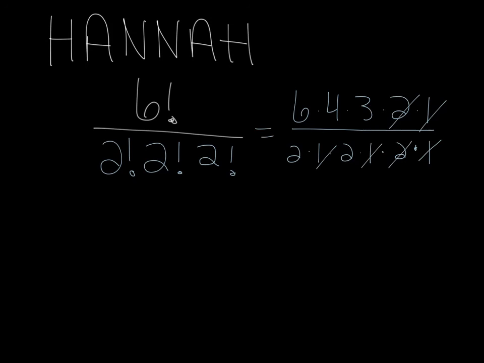These ones I don't care about. This 2 goes into 4 2 times. This 2 goes into this 3 times. And I end up with 3 times 2 times 3, which is 6 times 3, which is 18. Notice, because of all the repeats in Hannah's name, there are fewer ways to write it that actually look different from each other.